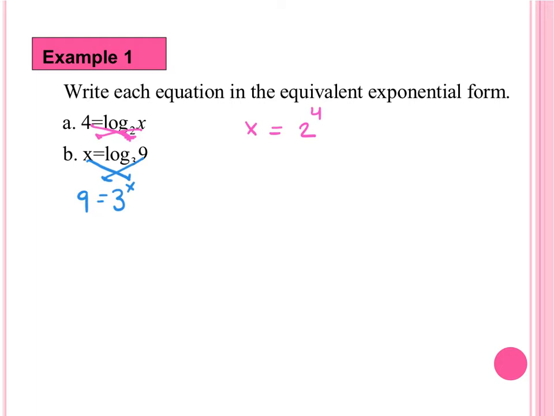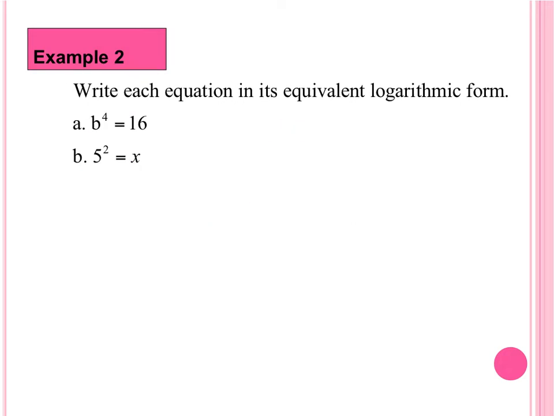So I always think of it as the other side of the equals becomes our exponent. There are different little tricks to help you remember how to go from exponential form to log form and log form to exponential form. Kind of just what you prefer and what helps you remember it.